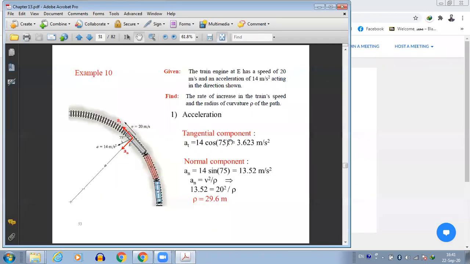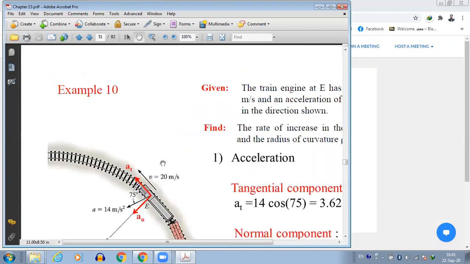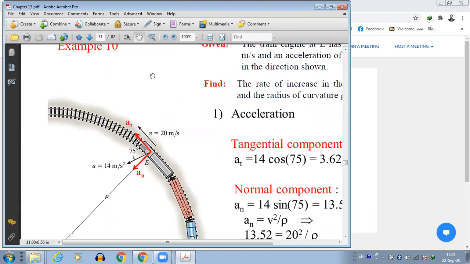Okay, so let's have an example. The train engine at E has a speed of 20 meters per second and an acceleration of 14 meters per second square acting in the direction shown. So you can see here that we have a train engine. At this point E, the acceleration is given, and the angle at which this acceleration is acting is also provided.